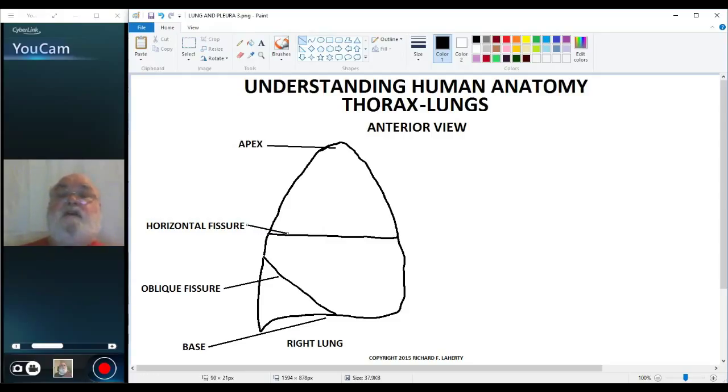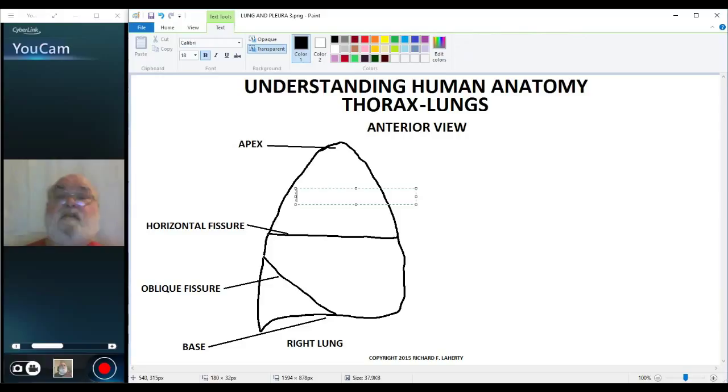And you can see that we've divided the lung into 3 parts, 3 lobes. We have a superior lobe, we have a middle lobe, and we have an inferior lobe.